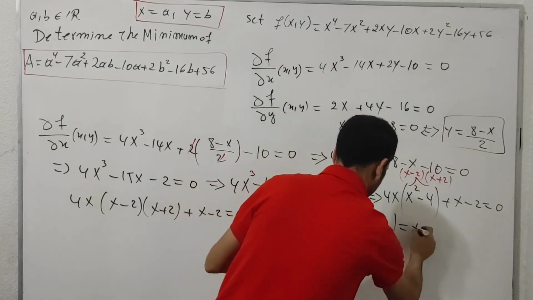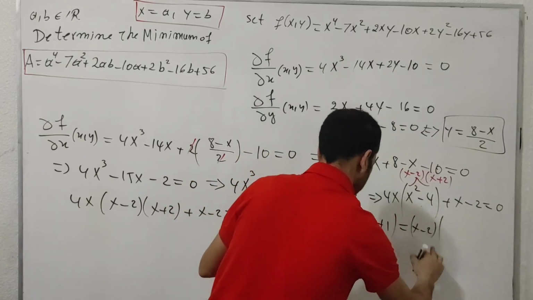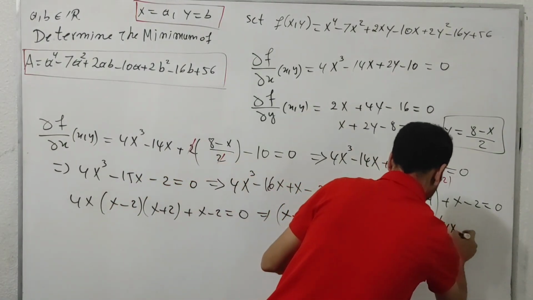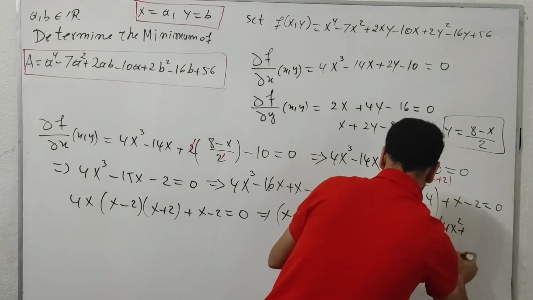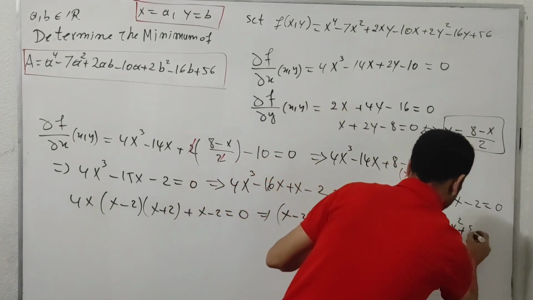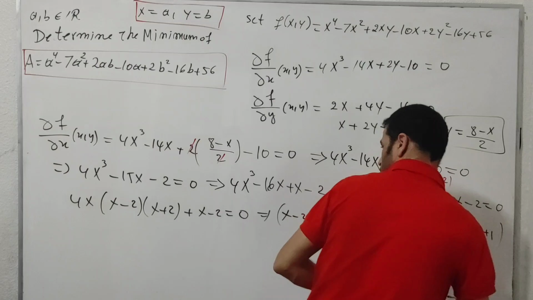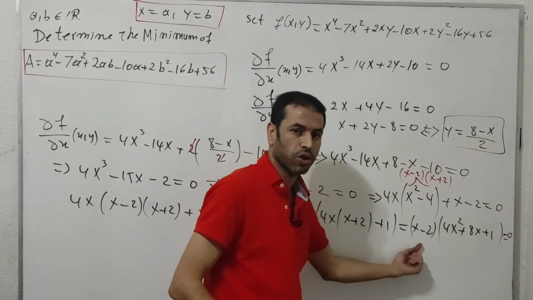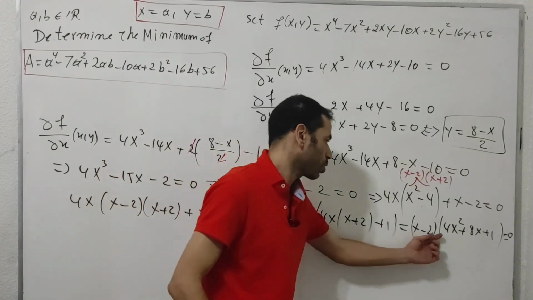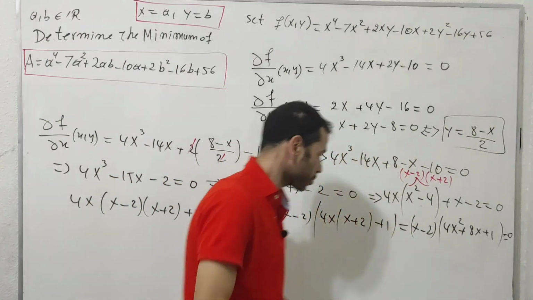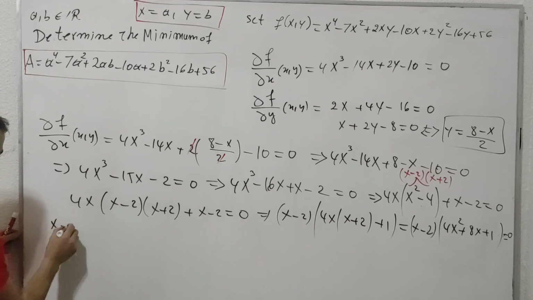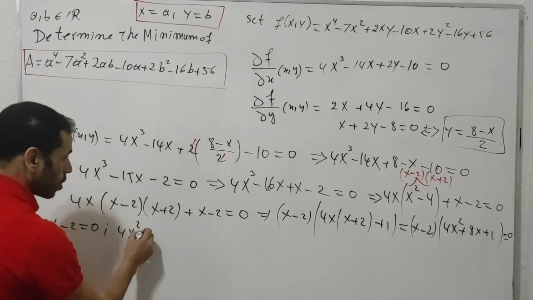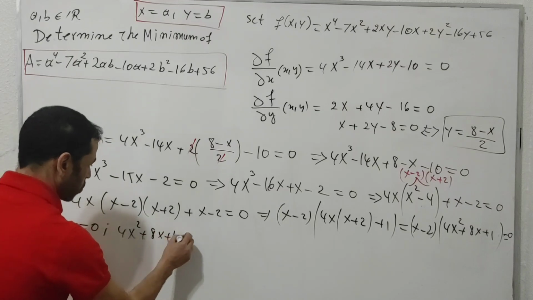By simplifying this one, I will get 4x multiplied by x, which is 4x squared, plus 8x plus number 1 equals 0, okay. I'm going to check the solutions for this one. Here is the first solution, x equals 2. Now I'm going to look for the other two solutions. So we'll have x minus 2 equals 0, or 4x squared plus 8x plus 1 equals 0.